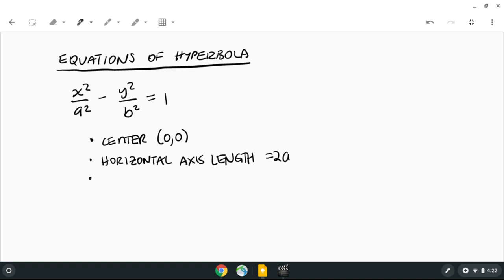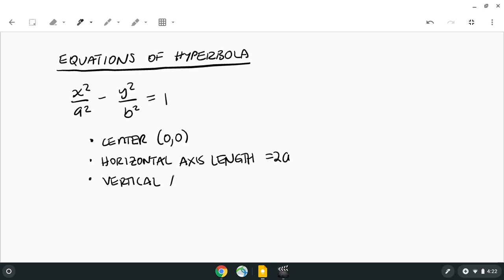And the vertical axis length is whatever B is times 2.